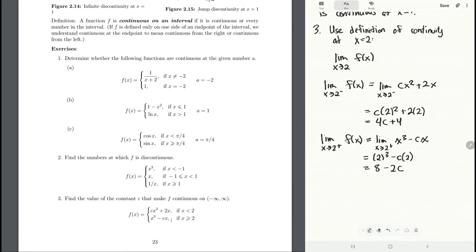Now, since we want the function to be continuous for all real numbers, we know that the two-sided limit must exist. And in order for the two-sided limit to exist, we need the left-hand limit to be equal to the right-hand limit.